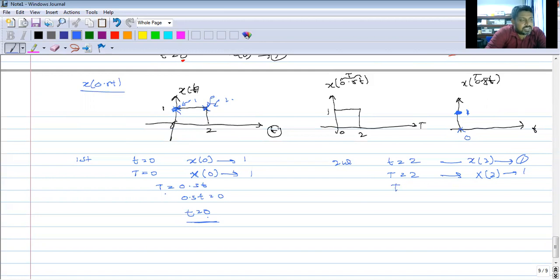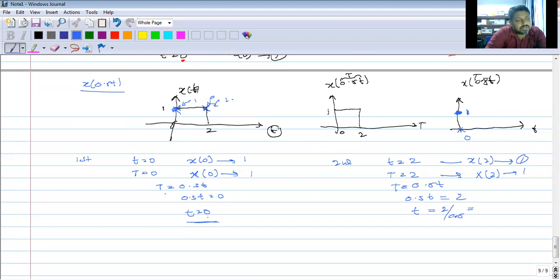We know that T is equal to 0.5t. If I equate this to 2, then I will get t equal to 2 by 0.5.